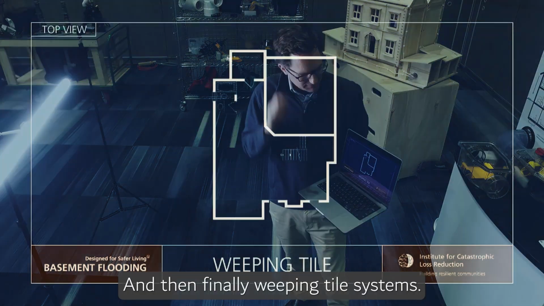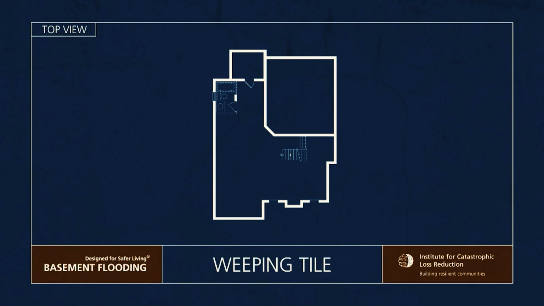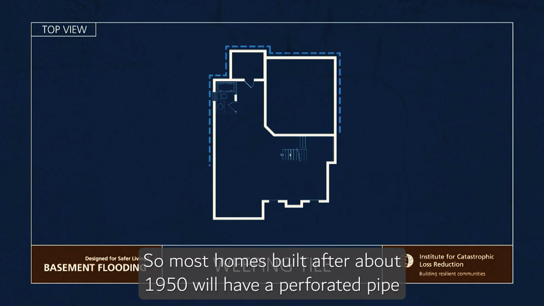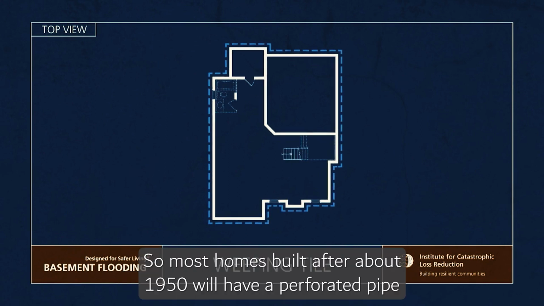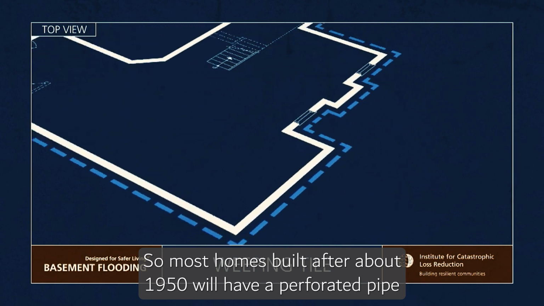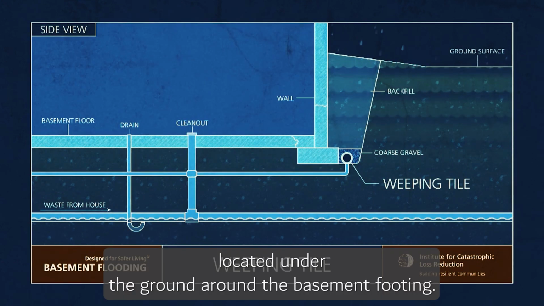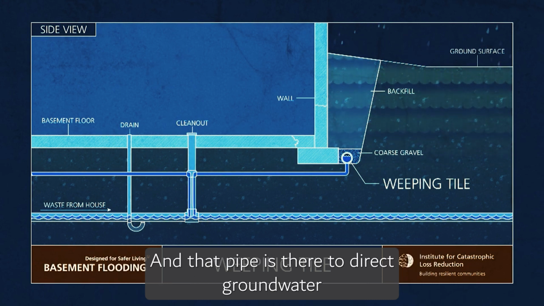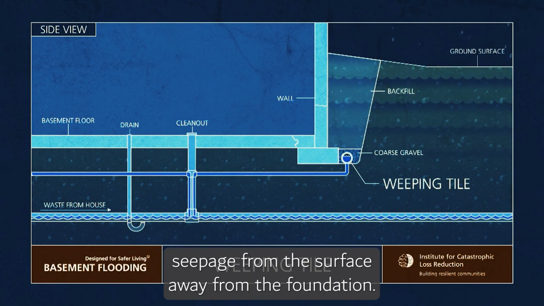And then finally, weeping tile systems. Most homes built after about 1950 will have a perforated pipe located under the ground around the basement footing, and that pipe is there to direct groundwater seepage from the surface away from the foundation.